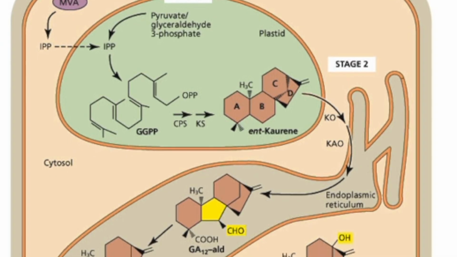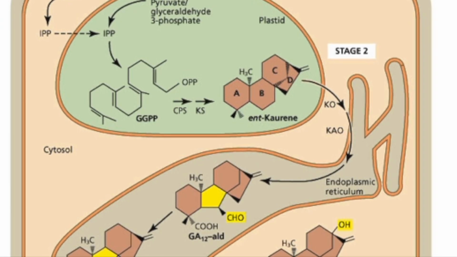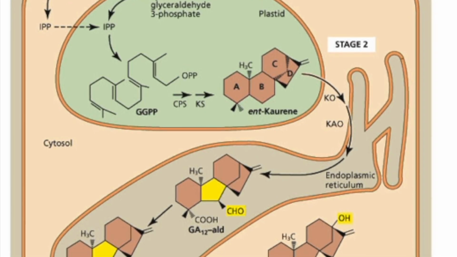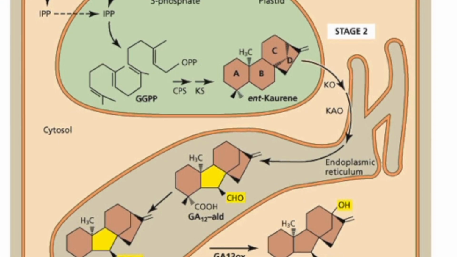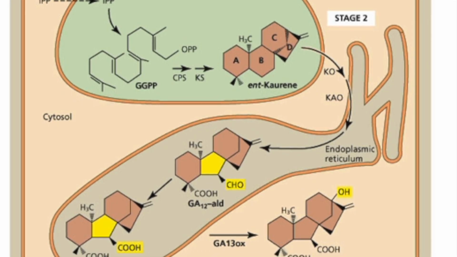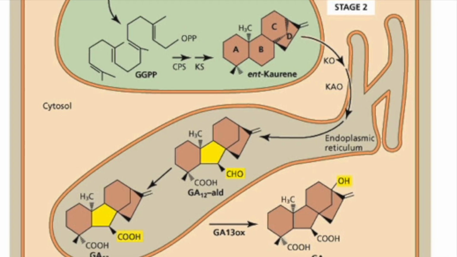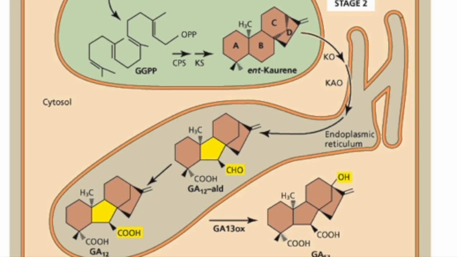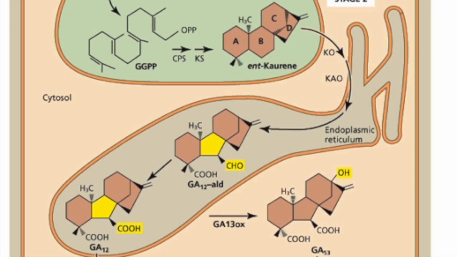which are involved in the synthesis of a key intermediate, ent-kaurene. Ent-kaurene is oxidized by ent-kaurene oxidase, or KO, and then by ent-kaurenoic acid oxidase, KAO, to produce GA12 aldehyde, and eventually the aldehyde-containing intermediate, GA12, in the endoplasmic reticulum.